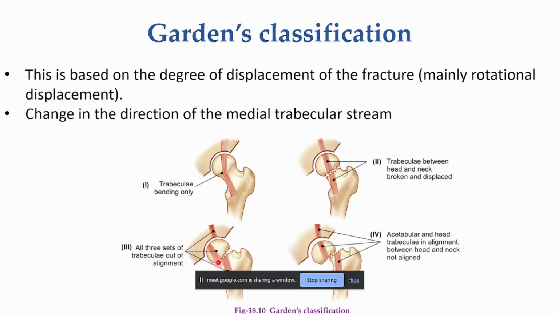In the type 4, it is complete and fully displaced. The acetabular and head trabeculae are in alignment, but those between the head and neck are not aligned. So these two are in alignment, but these are not in alignment. So this is the Garden's classification.